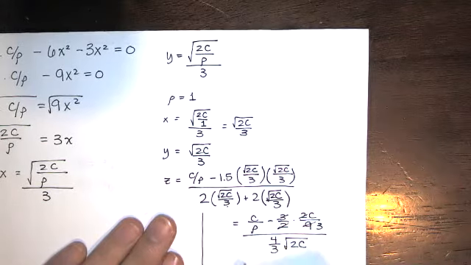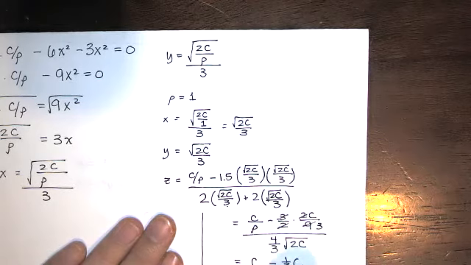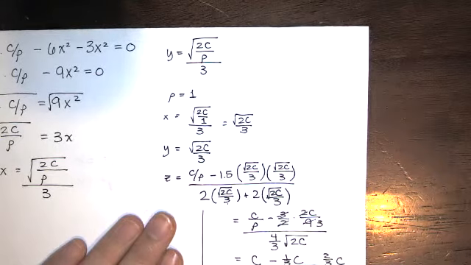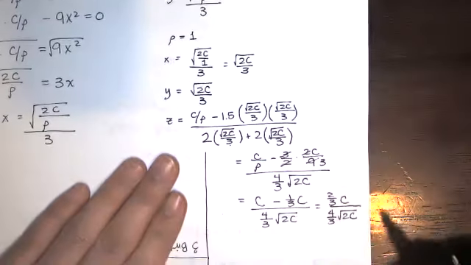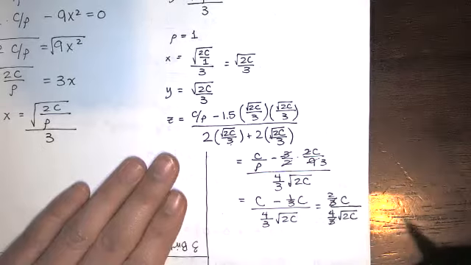And I forgot rho is equal to 1. So this is c minus 1/3 of c. So it's going to be 2/3 of c in the numerator. And then we've got this 4/3 times the square root of 2c down here. And the 3's reduce.